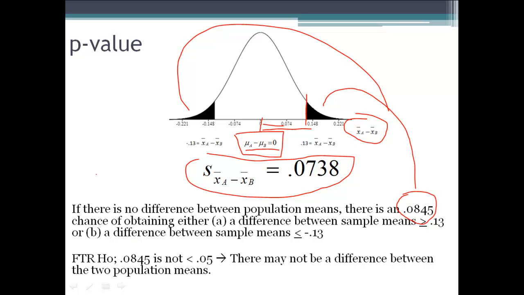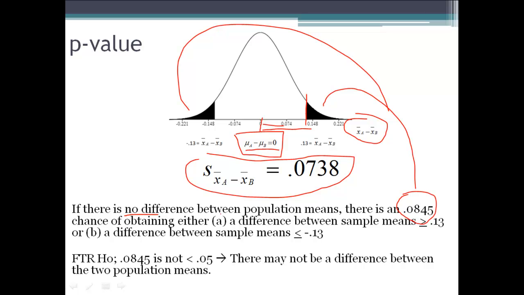This is a little bit tricky saying what the p-value means, or a little bit trickier for saying what the p-value means when you have a two-tailed test. It's still if H0 is true, if mu A is equal to mu B, or if mu A minus mu B is equal to 0. I just put it in words here.